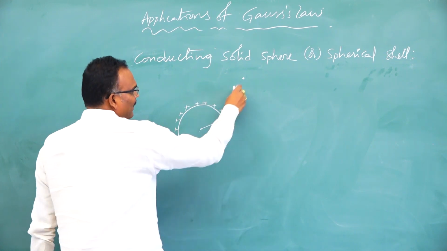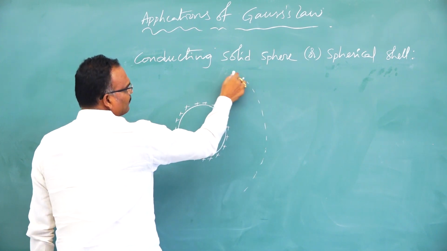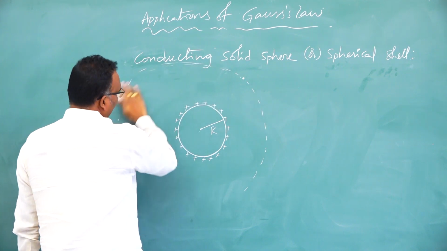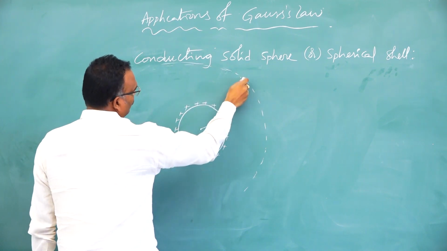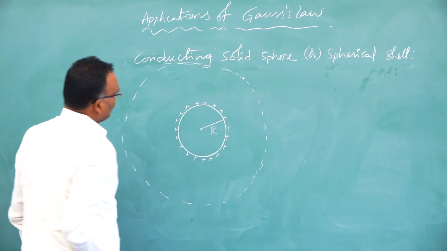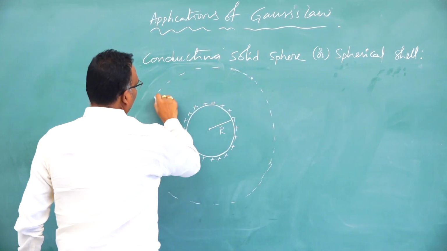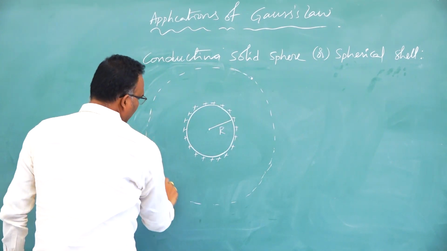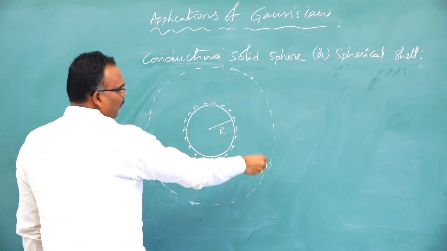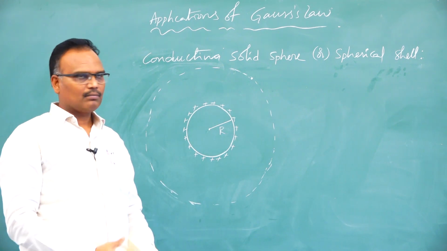So for this sphere, the Gaussian surface will again be a sphere. You will get the Gaussian surface as a sphere. See, at any point on this Gaussian surface, the magnitude of electric field is the same because each and every point is equidistant from the center of the sphere.